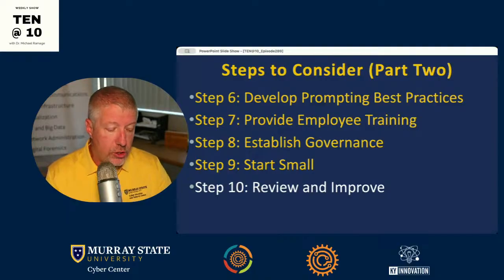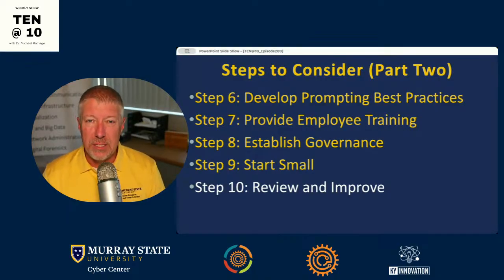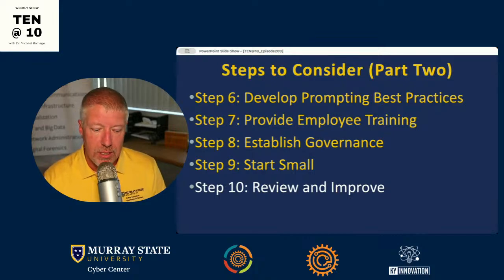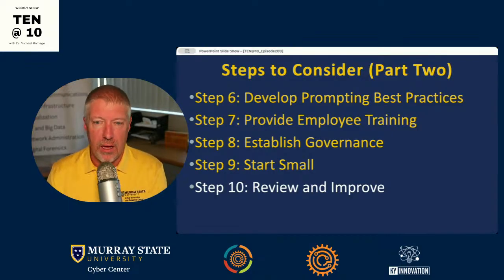We should always do what I would call an assessment to see, are we following it? Are we following the policy? Are we following the procedures? Are we following the best practices? How can our employees do a better job of being efficient? If they're not following the policy, is it on the employee side?